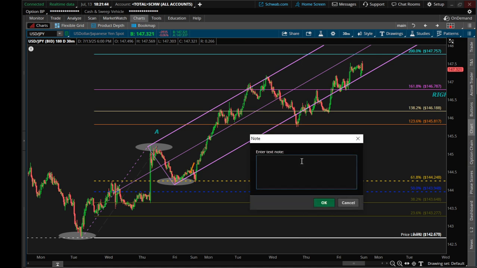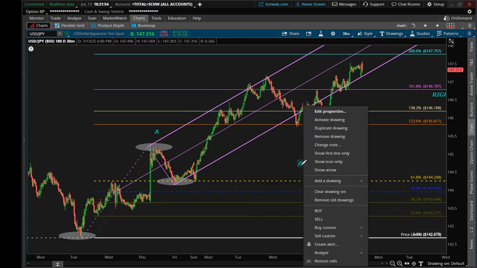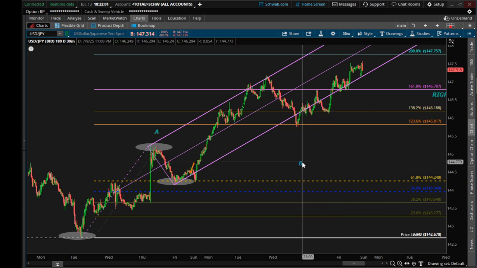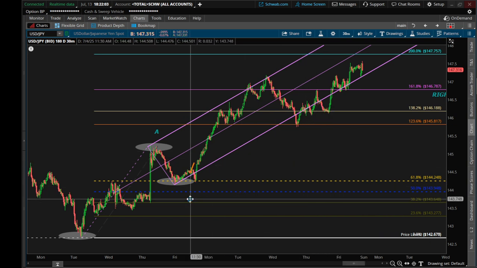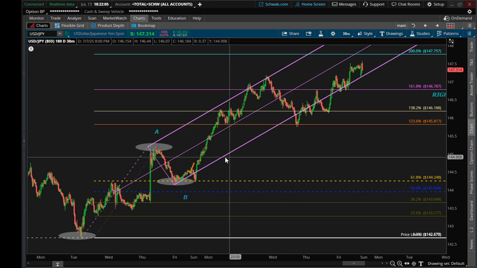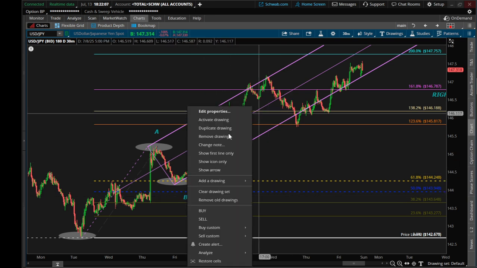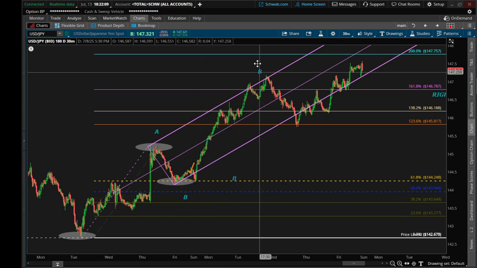The reason I'm trying to do different types of tools and strategies is because the market will change, and maybe there'll be a day where 3 moves isn't going to be enough for me. Maybe we do go back to the 5-wave structures. A, B, and now we're looking for a C up.